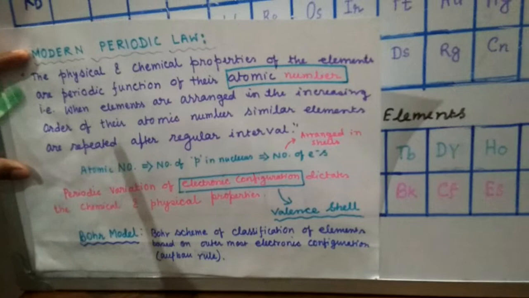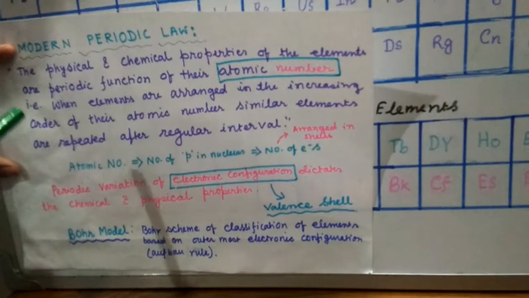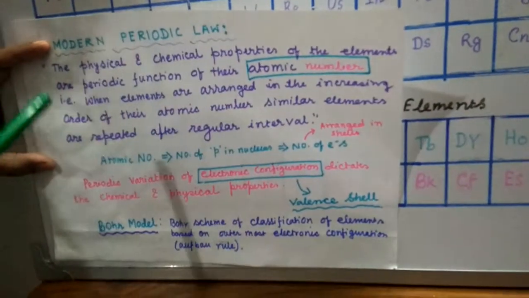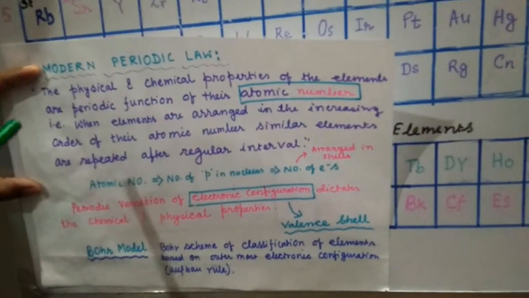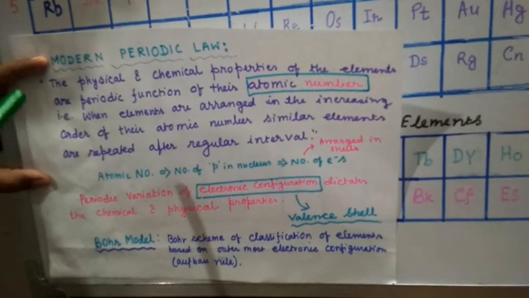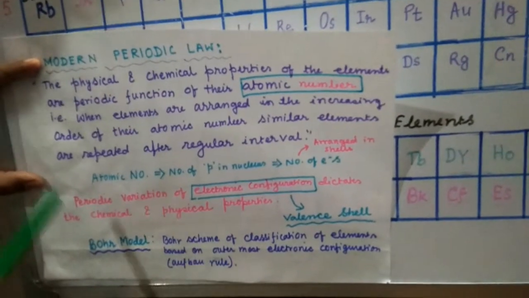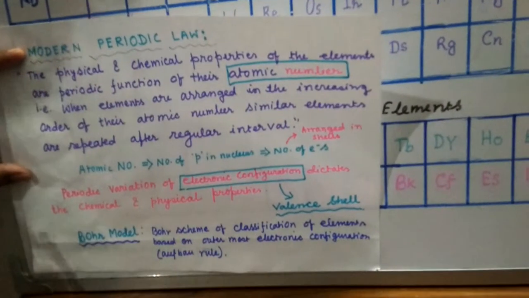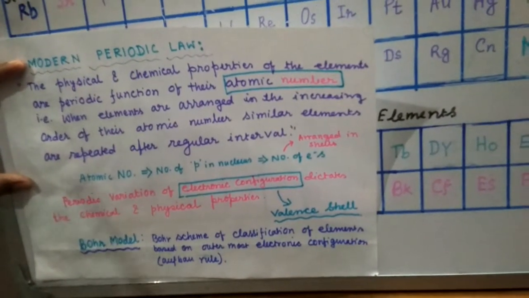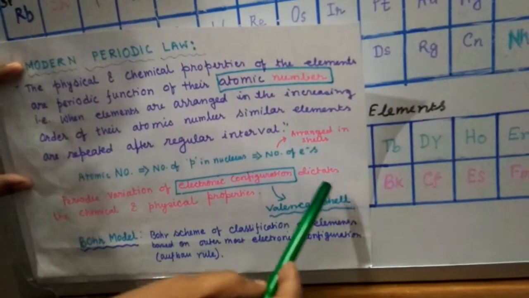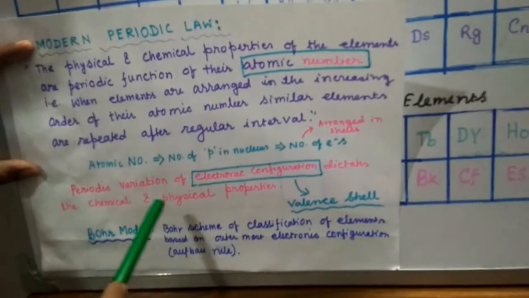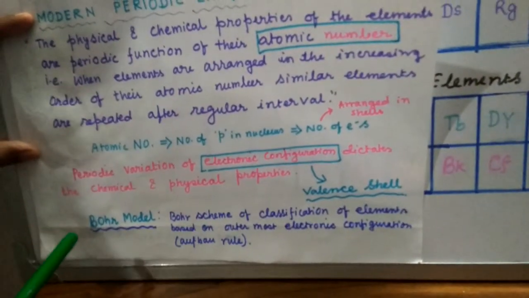In a neutral atom, the number of electrons and the number of protons are equal. The electrons are arranged in different shells in a particular manner, and that is called the electronic configuration of the element. So we can say that the periodic variation of electronic configuration dictates the chemical and physical properties of the elements.